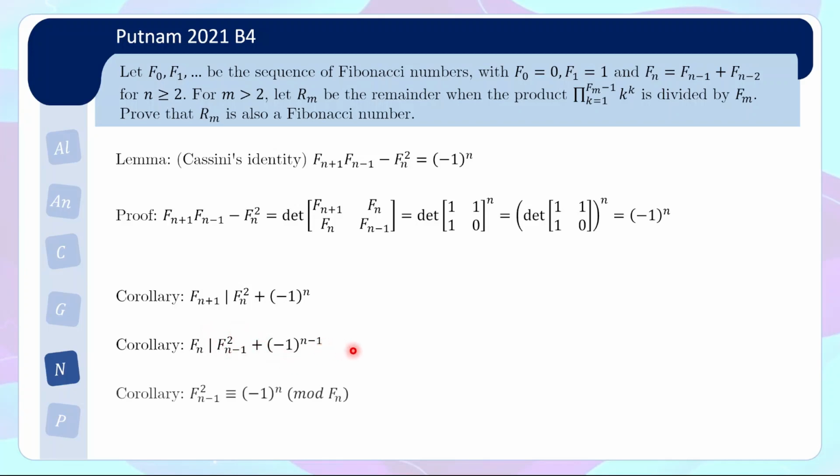What we really want is to write this in mod form: Fn minus 1 squared is congruent to minus 1 to the power n mod Fn. This is what you will need to prove when you work through the problem the first time. There are different ways of doing it, but Cassini's identity is the most straightforward way. Okay, so let's park this in the back of our mind and return to the problem.